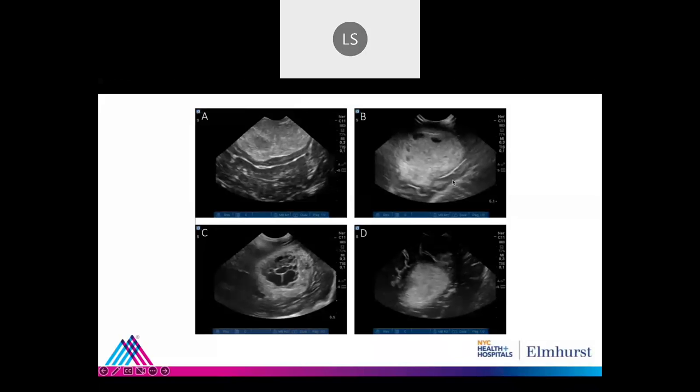So C is also intraparenchymal, also pretty heterogeneous. But these were actual cysts. Oh, I see. It's several cysts. It's not one large cyst.